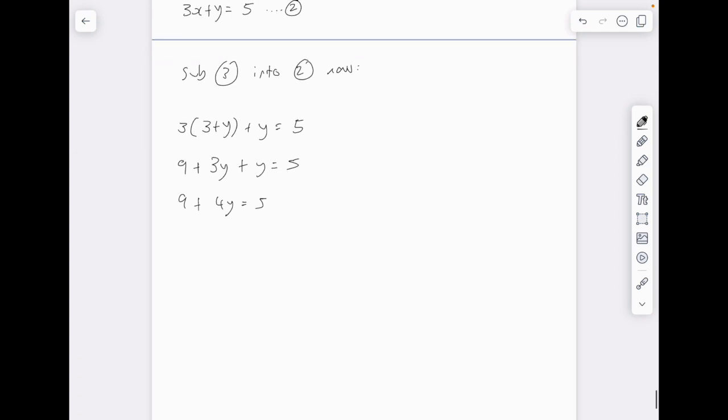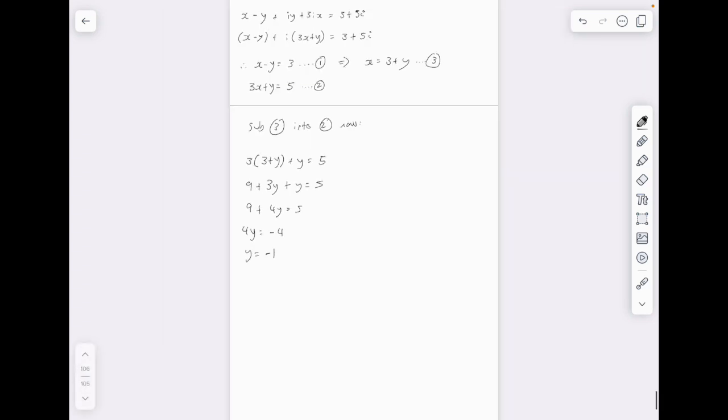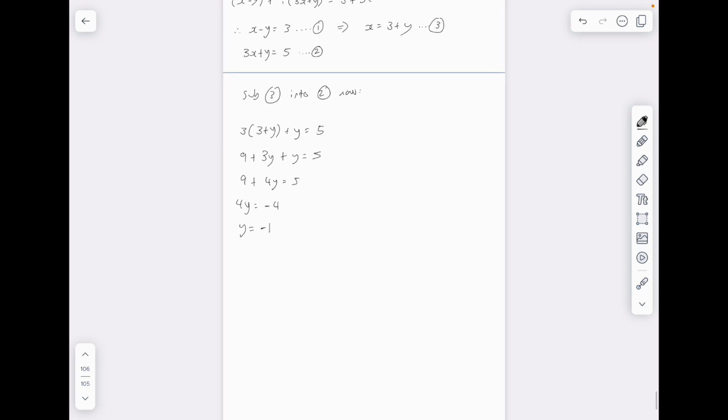Okay. So therefore, 4y is equal to minus 4, which means that y is equal to minus 1. Now, if y is equal to minus 1, what we can say is, okay, cool, x is equal to 3 minus 1 is equal to 2.